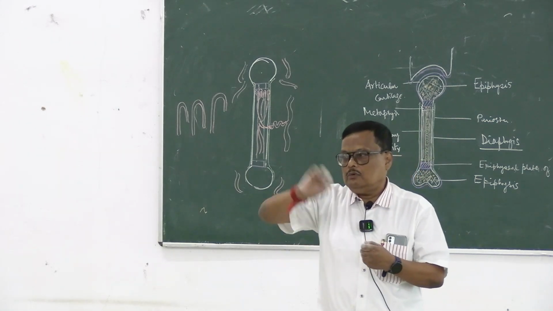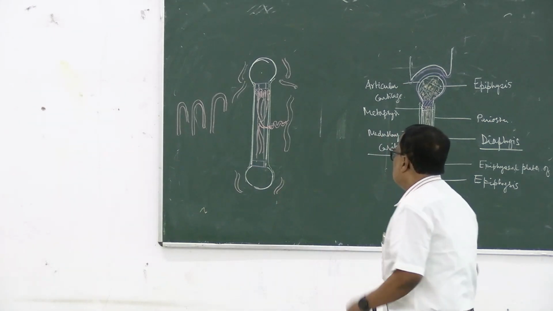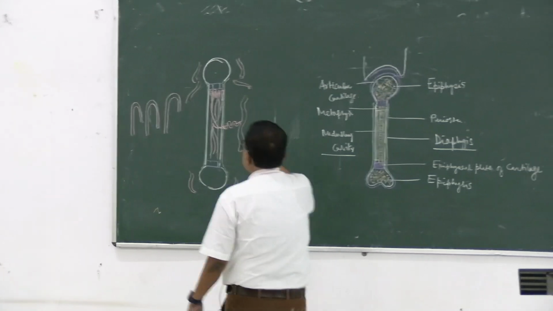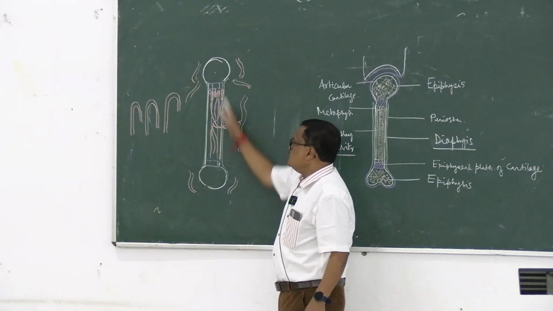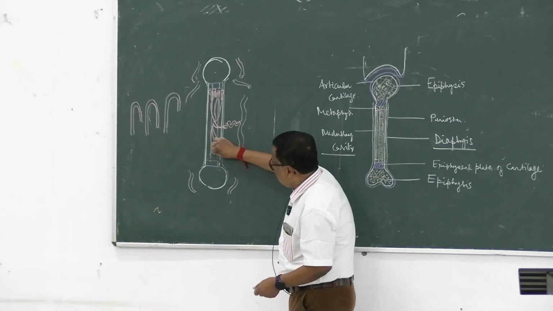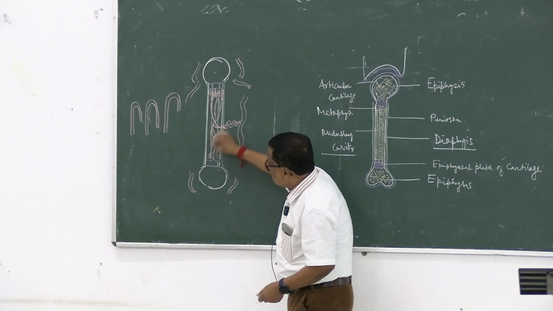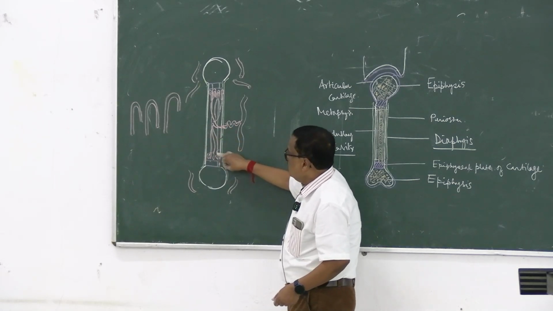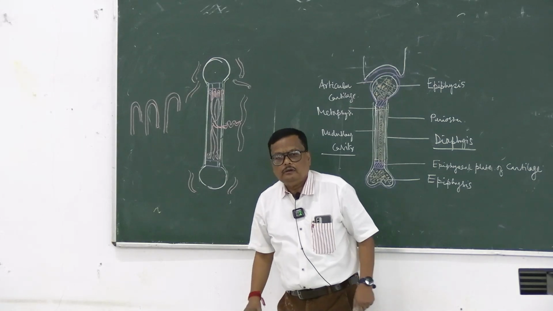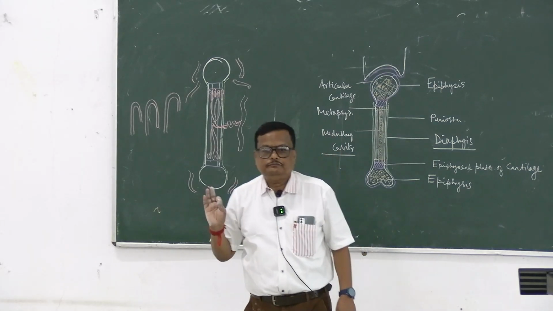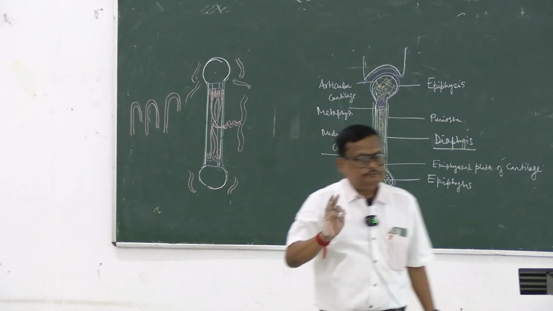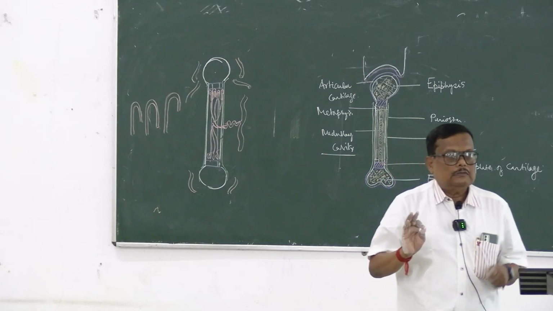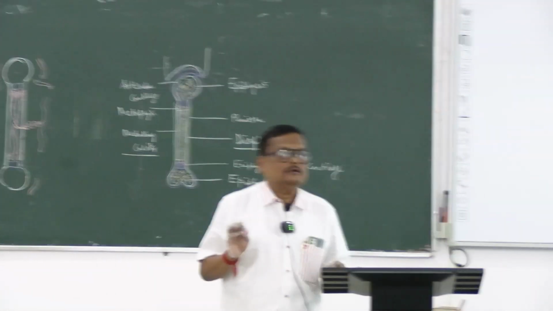Bend means curved. So these branches of the nutrient artery reach the metaphyseal end close to the epiphysis. It makes a hairpin bend and ends here in young bone, and each branch is an end artery.